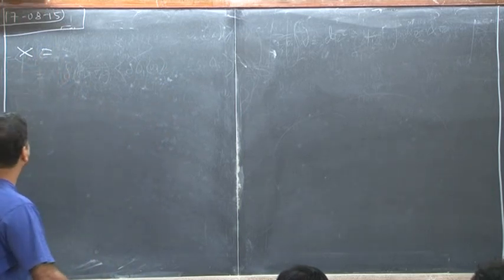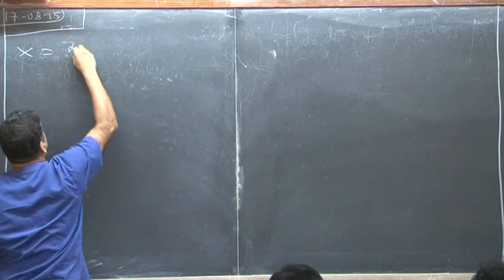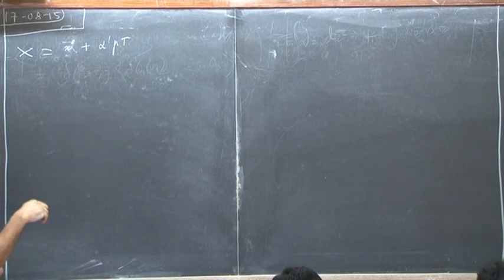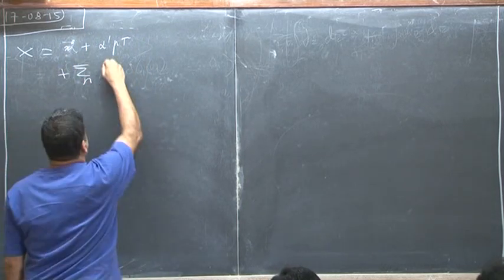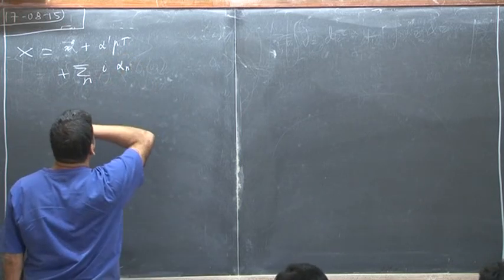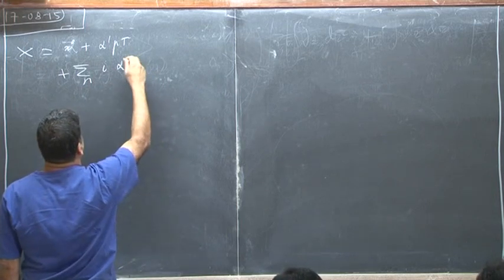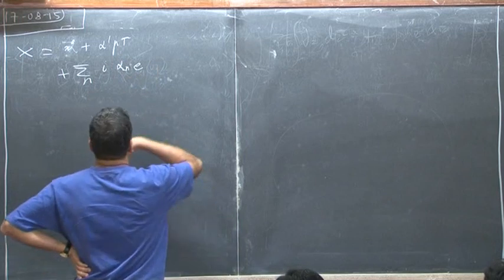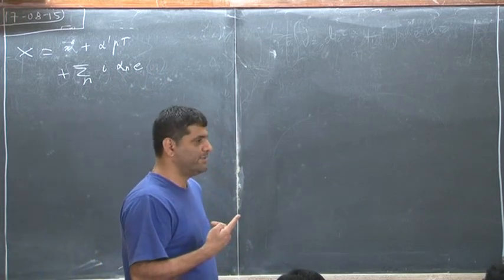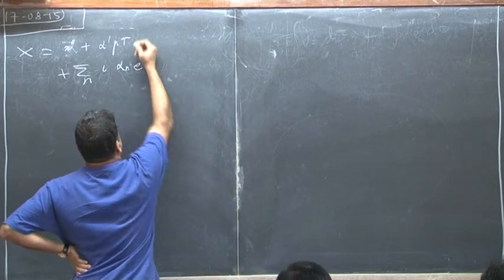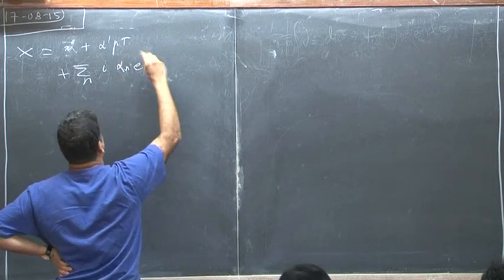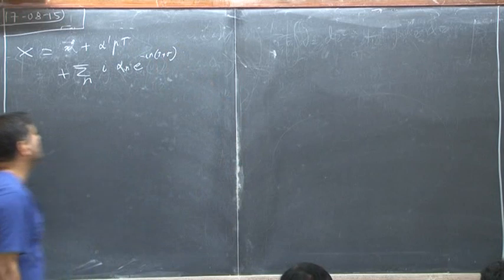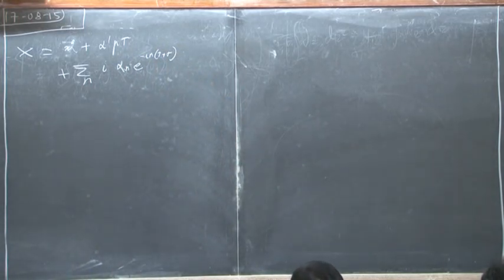Our expansion was x equals x naught plus alpha prime p tau, plus a sum over n of i alpha n over n, with the creation operators having positive frequency, so e to the power minus i n tau plus sigma, let's say.